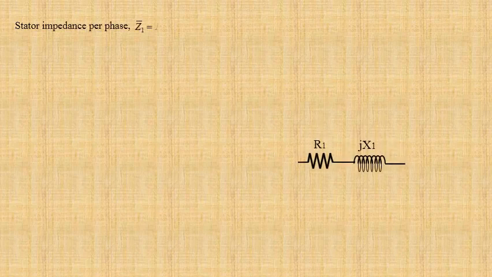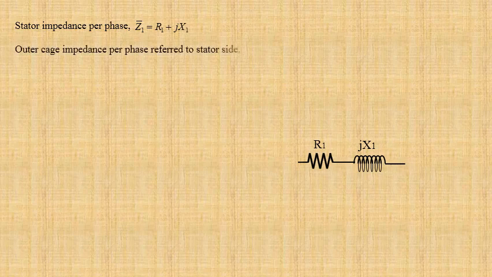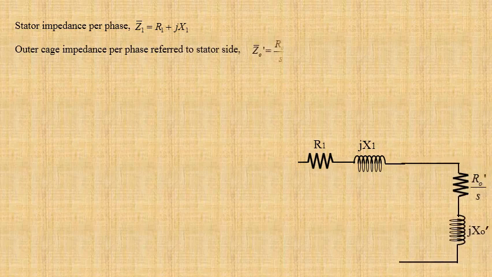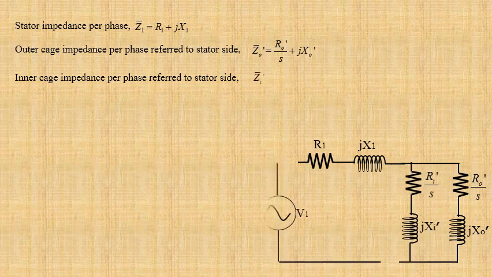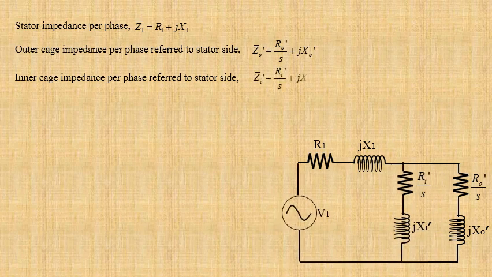Let us have a look at the equations we shall use today to solve the numerical problems. Let the stator impedance per phase be Z1 equals R1 plus jX1. Outer cage impedance per phase referred to stator side Z0' equals R0'/S plus jX0', and inner cage impedance per phase referred to stator side Zi' equals Ri'/S plus jXi'.